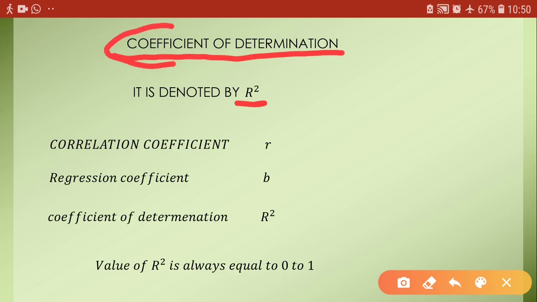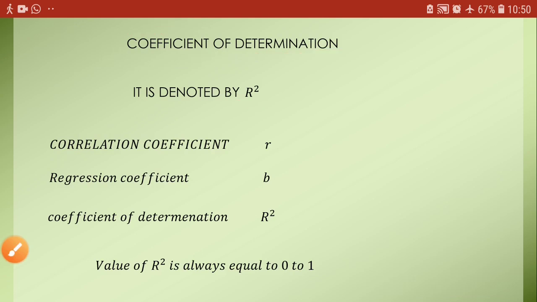Now there are many terms which have a word in common, coefficient. So sometimes students get confused. They see in the paper coefficient of correlation, coefficient of determination, and sometimes regression coefficient, and they get confused because everything is coefficient. So I have made a small analysis of the terms of coefficient.